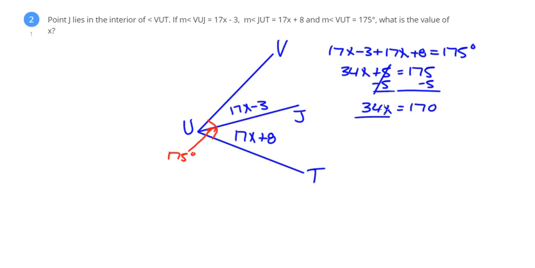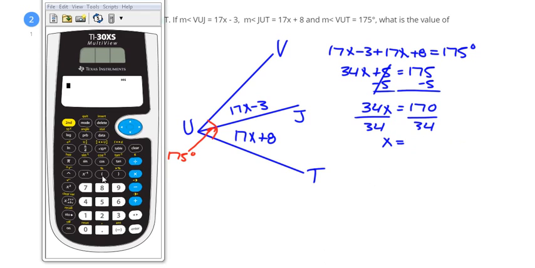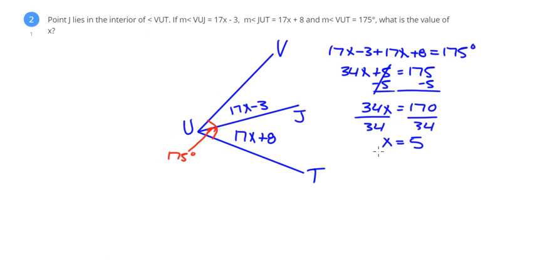If we want to get just part of it taken off, that's where we divide by 34. So divide both sides by 34: take 170 divided by 34, and we get 5.